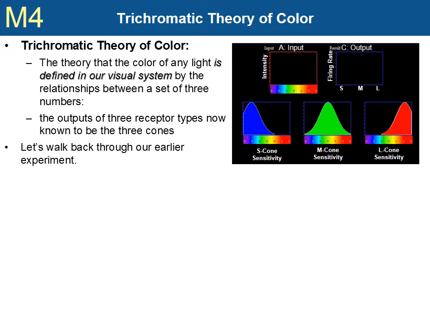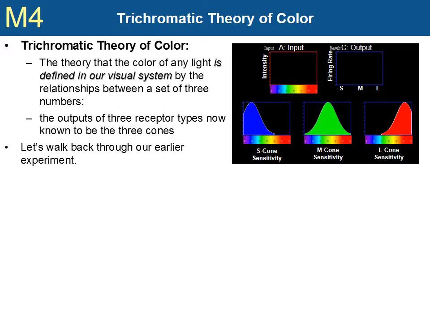Even before we knew that we had three different types of cones, trichromatic color theory already predicted such a system. The theory states that the color of any light can be defined by the relationship between three numbers. In the case of our visual system, those three numbers are the outputs of the three cone receptor types. Let's go back over our earlier experiment to test the idea.